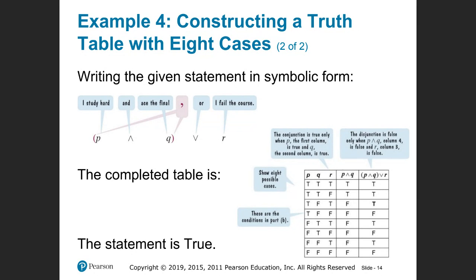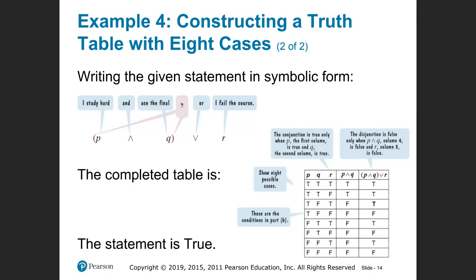You list P, Q, and R with all of the different 8 combinations you can have for them. Then you're going to look at P and Q, which is the part in parentheses that goes first. That is going to be your second column. Remember, for P and Q, both parts have to be true. So the first line is true, the second line is true.